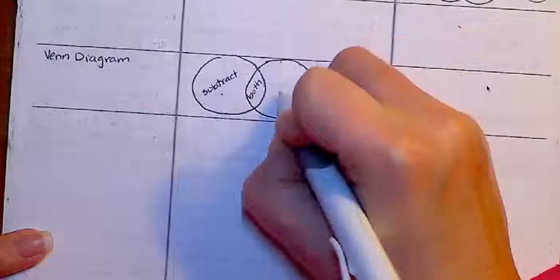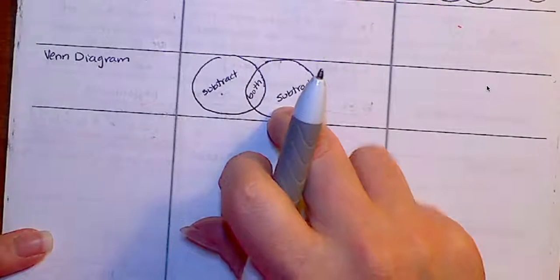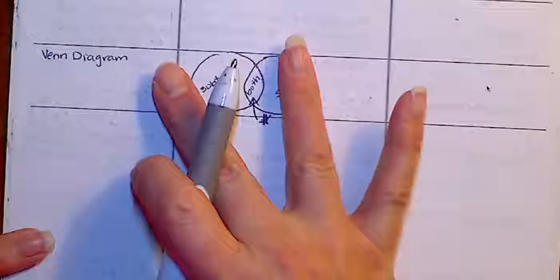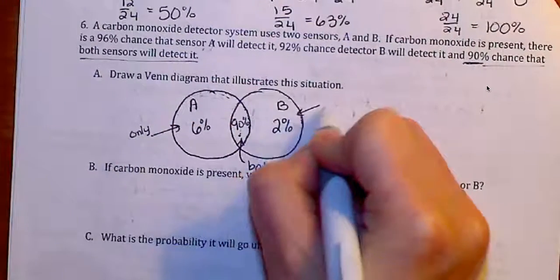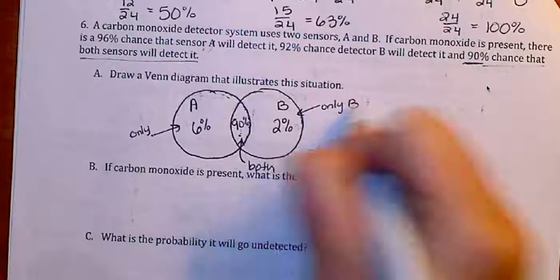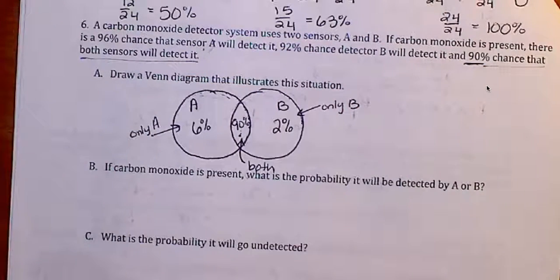And then you need to subtract to get this one and subtract to get this one, okay? But you always begin first with putting the both in the middle and then subtracting to find the onlys. So again, that circle means that only A picked it up, and this circle means that only B picked it up. Only A, all right? So let's answer these questions.